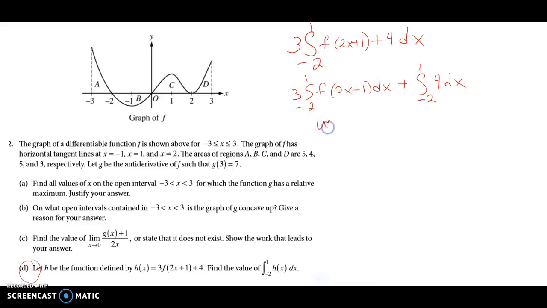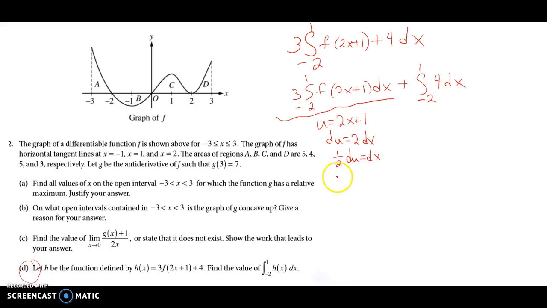So I'm going to let u equal 2x plus 1, and then du will equal 2dx, so 1/2 du equals dx.